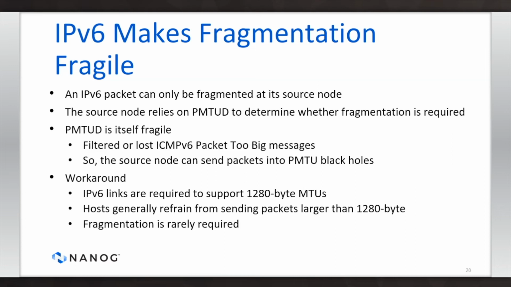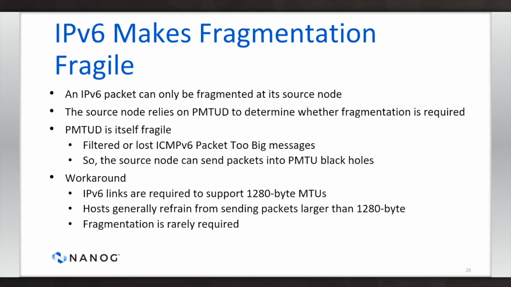It relies on IPv6 packet too big messages making it from the point where fragmentation is needed to the source. Well, ICMPv6 packets can be lost, they can be filtered. So there is some chance that a source will be forwarding packets into a black hole and not know it until some upper layer complains.